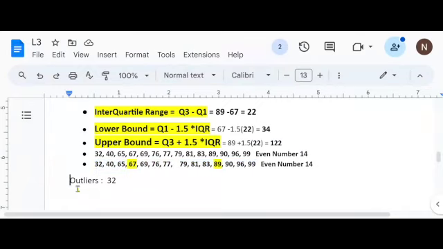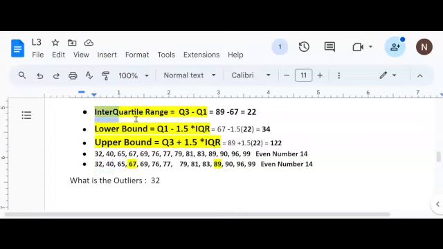The question here: what is the outlier? How can I know, is it going to be 32 or is it going to be 99? How do I know? You tell me. Just by looking, from the information that we have.